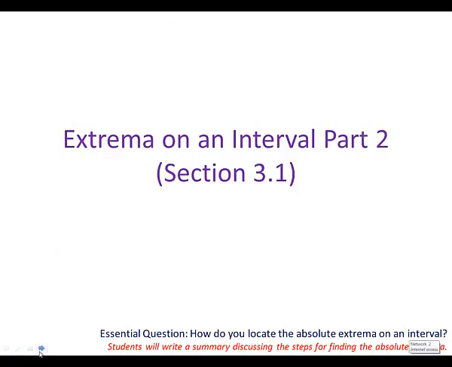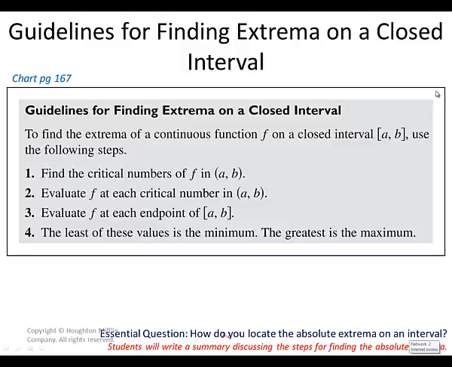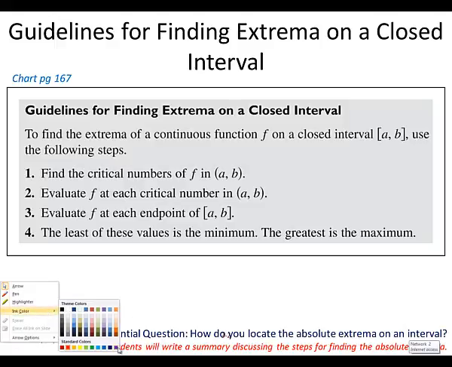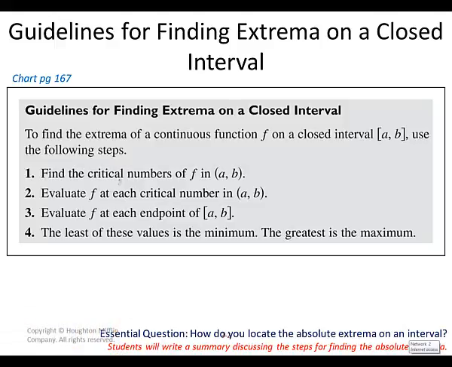All right, so these are the guidelines for finding extrema on a closed interval. I wrote down a little bit extra on the side here, kind of the steps that I would take. We've got to find the critical numbers. To find the critical numbers, remember the first thing you do is take the derivative, and then the second thing you do is set it equal to 0.